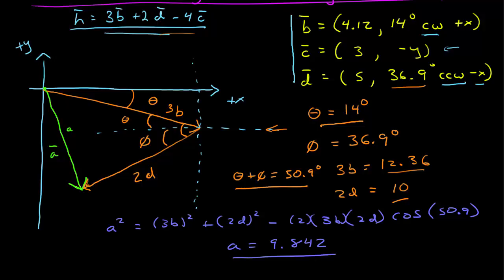So I have a magnitude, and maybe I have to find the angle, but to see which angles I need, I'm going to go ahead and add 4c to that, and I can always come back to this triangle. So c points in the negative y.